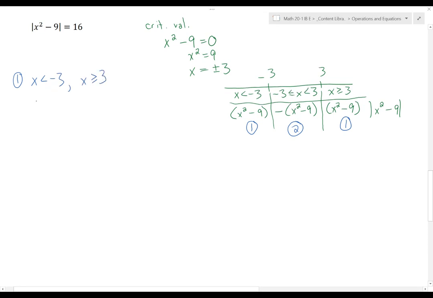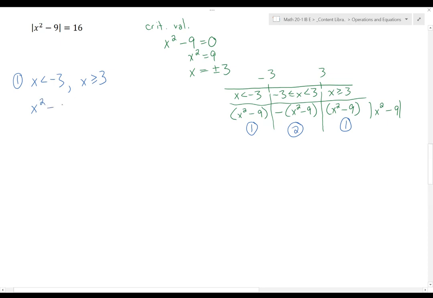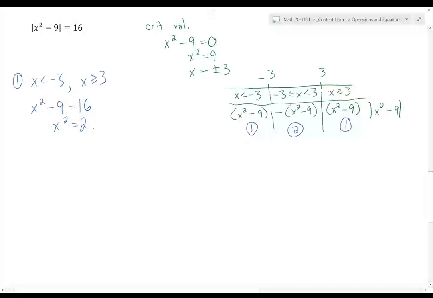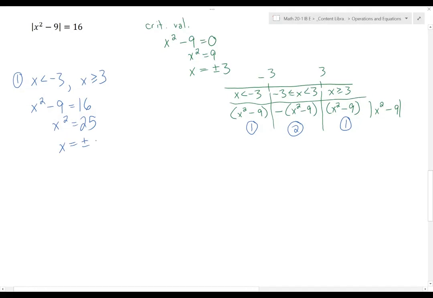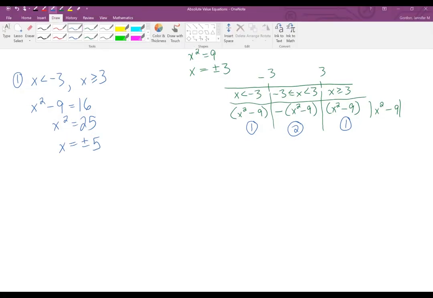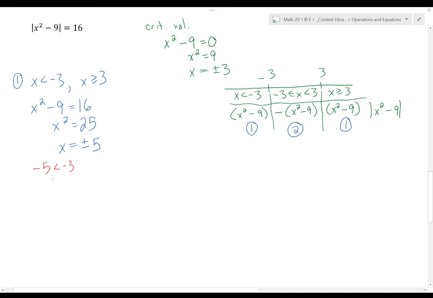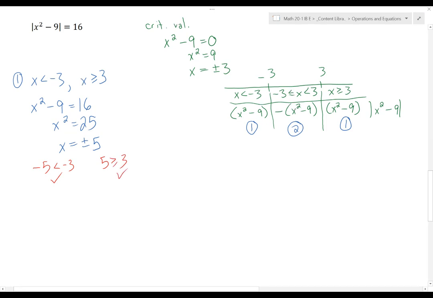And that is simply the equation x squared minus 9 equals 16. Easy enough to solve. X squared equals 25, x equals positive or negative 5. This is great because each of these is in a part of that domain. Negative 5 is less than negative 3, so I can accept that one. And 5 is greater than or equal to 3, so I can accept that one. So two answers so far.